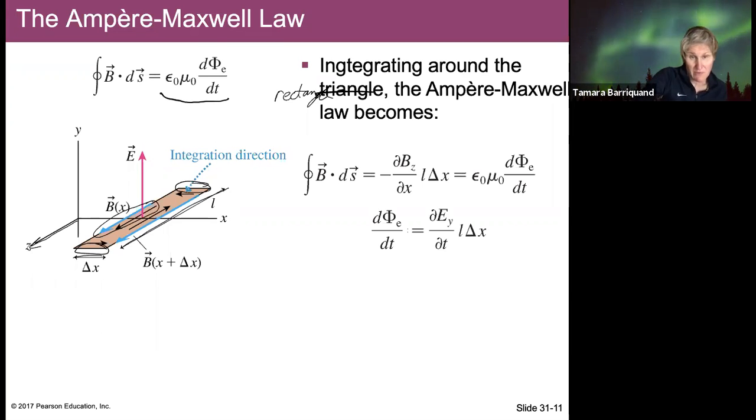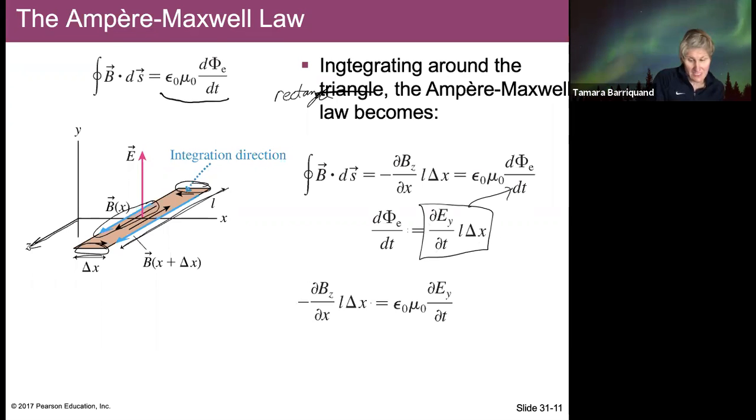We remember from what we found before that d phi sub E dt is equal to dE sub y dt times L delta x. So putting this in, this gives us negative dB sub z dx L delta x equals epsilon naught mu naught dE sub y dt.